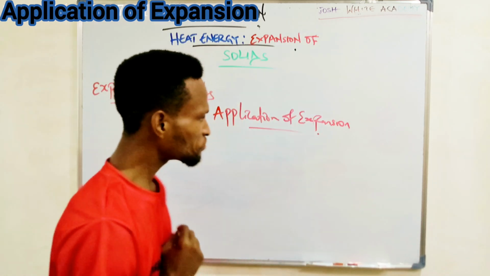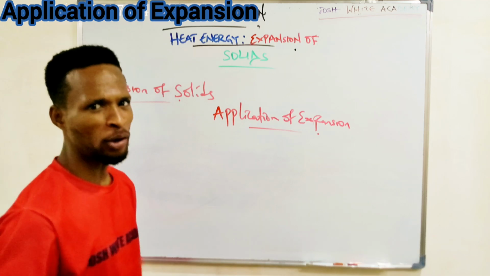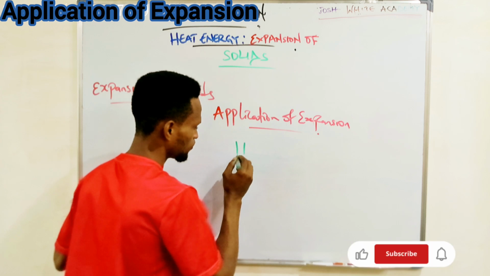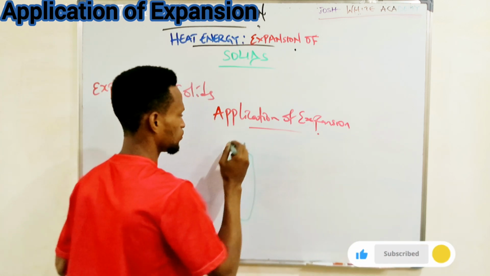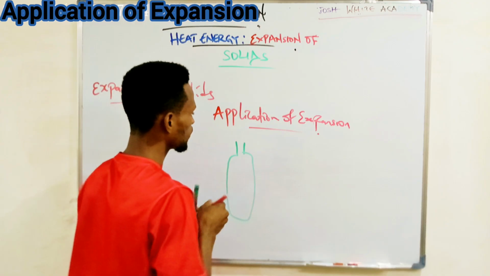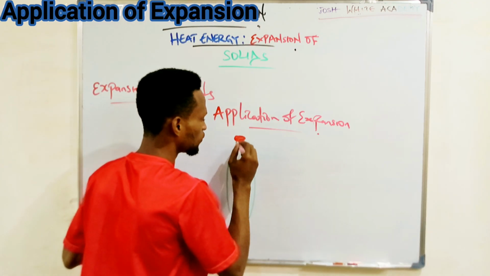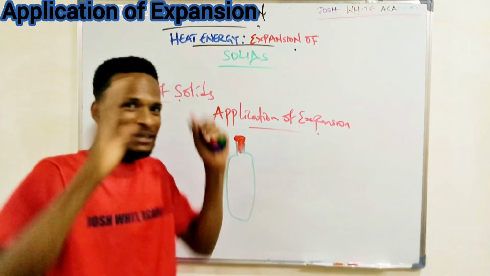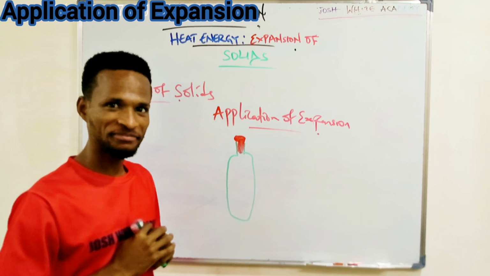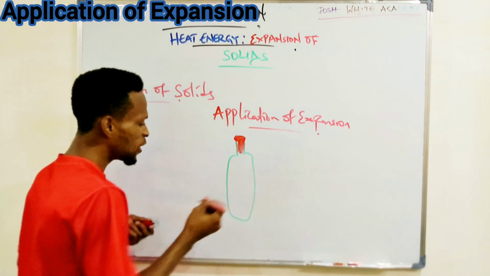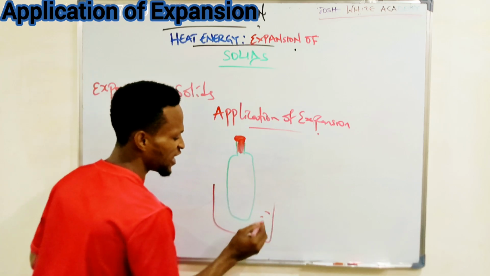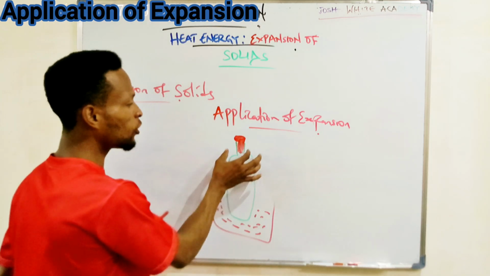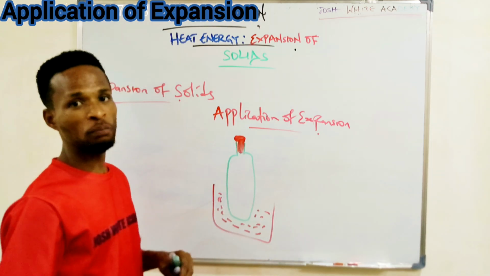For instance, the stopper of bottles can be easily removed when you place the bottle into hot water that is possibly boiling, but don't allow the stopper to also be in contact with it.